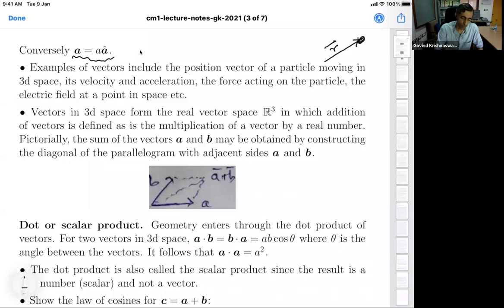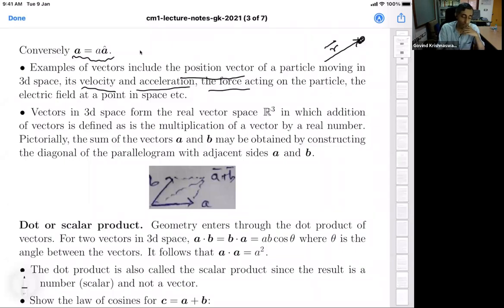That's the position vector. Now the velocity of a particle also is a vector. We will introduce this in more detail. And the acceleration of a particle can also be regarded as a vector. The force on a particle can also be regarded as a vector.